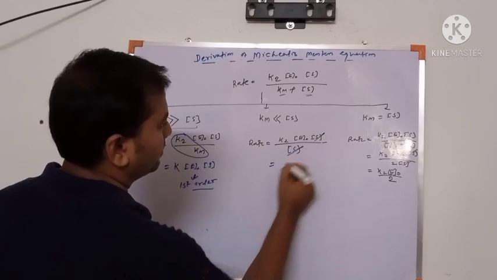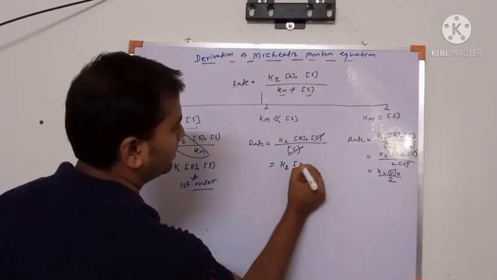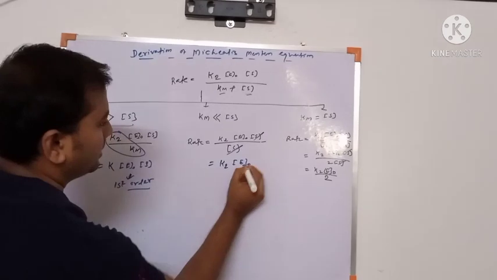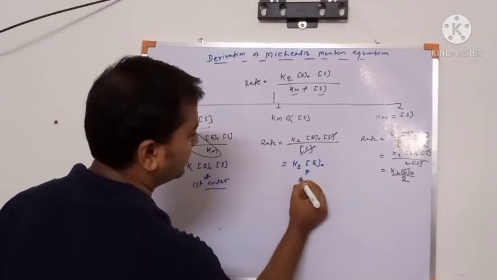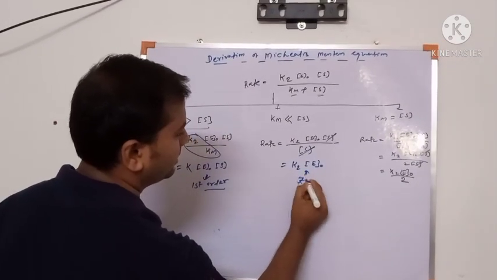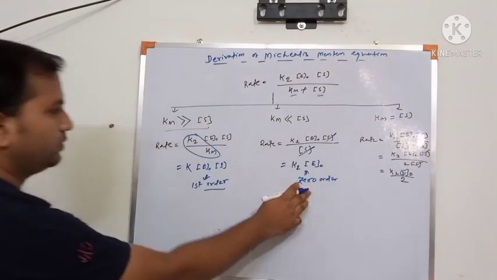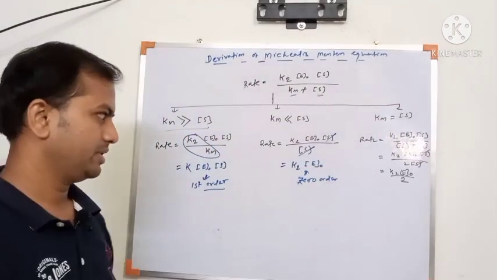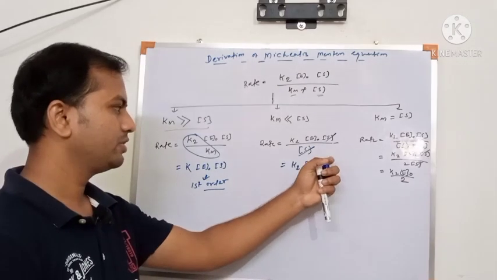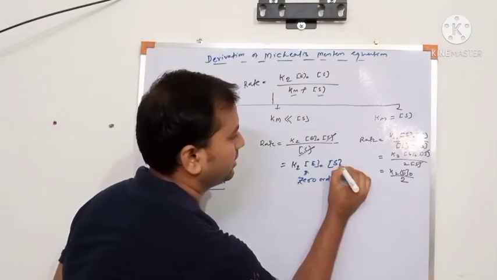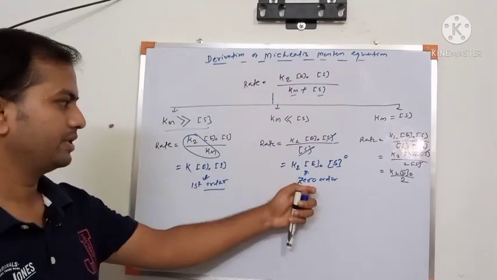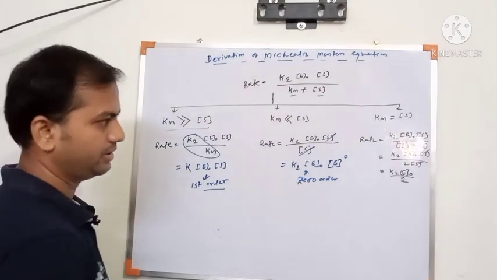When S is large, the rate is K2 into E naught, which is zero order with respect to substrate concentration. If no substrate is there, the substrate concentration equals 0, so it is a zero order reaction.